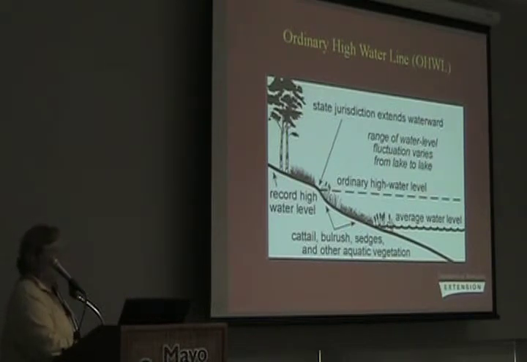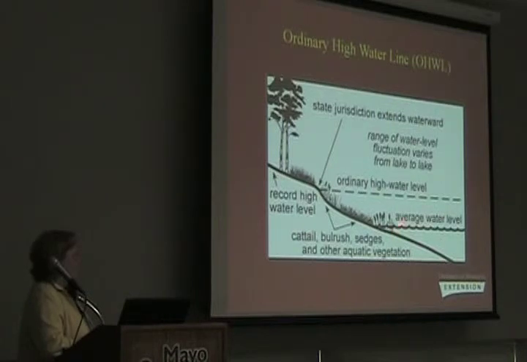The one thing I want to point out here very quickly, I point out in every talk I do, is that you need to be aware that there is what we call the ordinary high water level, and there are jurisdictions and ordinances about what we can do above and below that. The basic thing you need to know is there's a point on every lake that has a state jurisdiction, through the Minnesota Department of Natural Resources, that extends lakeward.